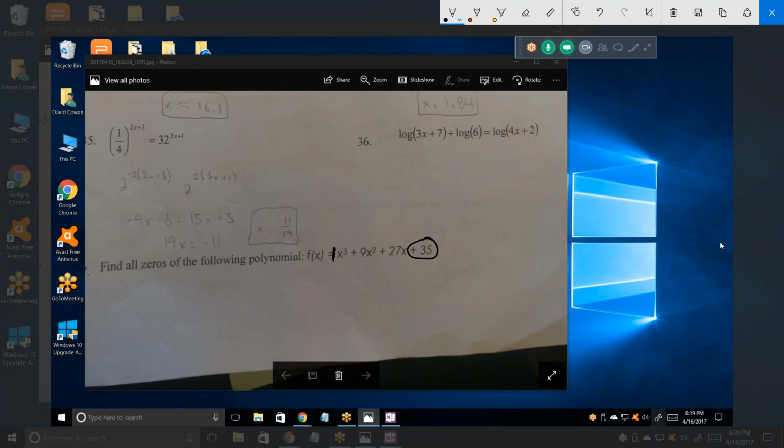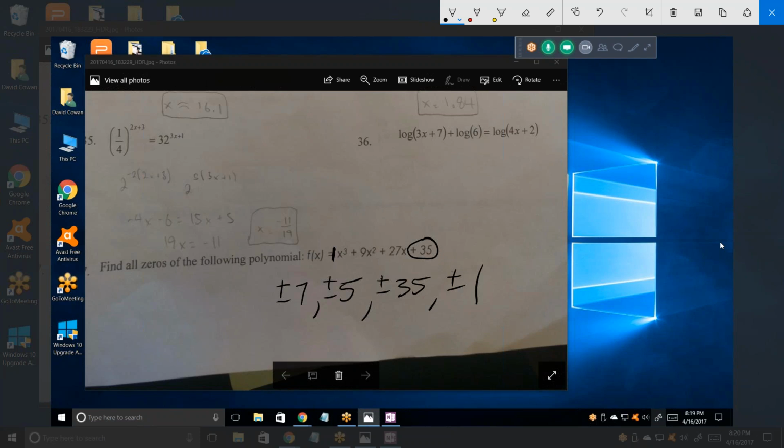So here are my possible answers: plus or minus 7, plus or minus 5, plus or minus 35, plus or minus 1. In other words, what the rational factor theorem says is that if I have a rational zero, it's got to be one of these 8 numbers.